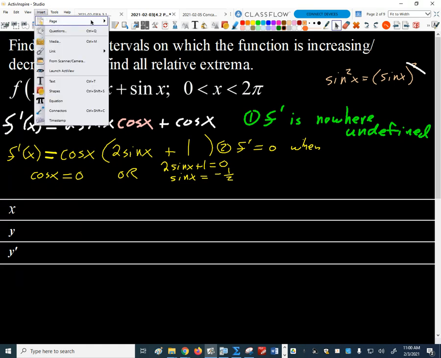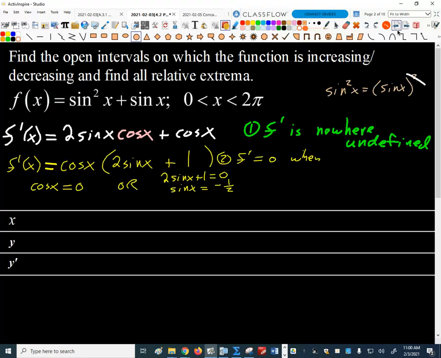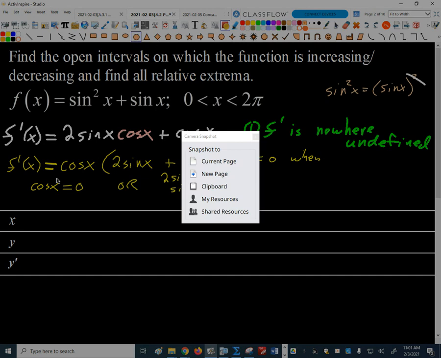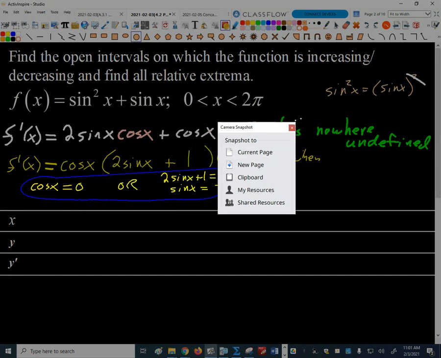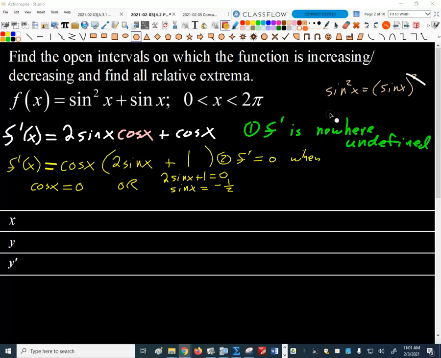Okay, so unit circle. And I got to think, what were our two? Here, let me grab a picture of this. Oops, that didn't work.